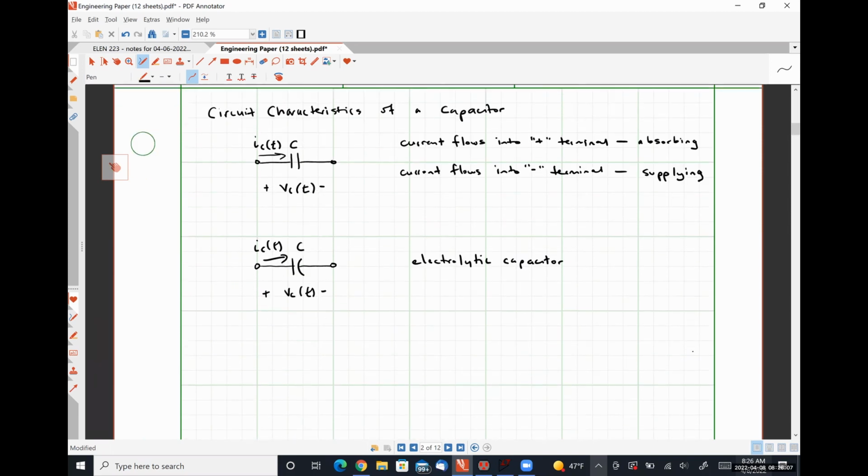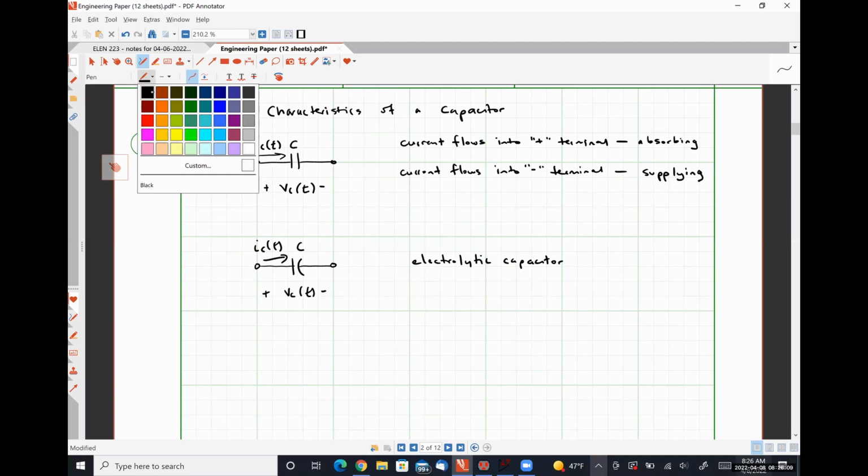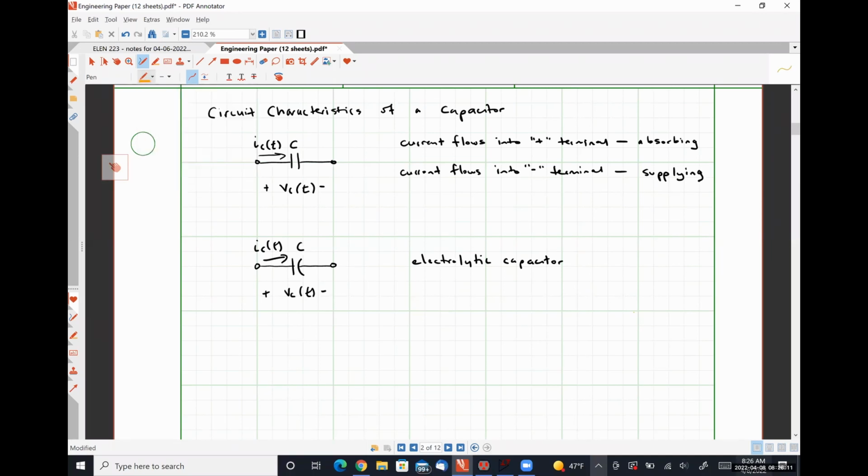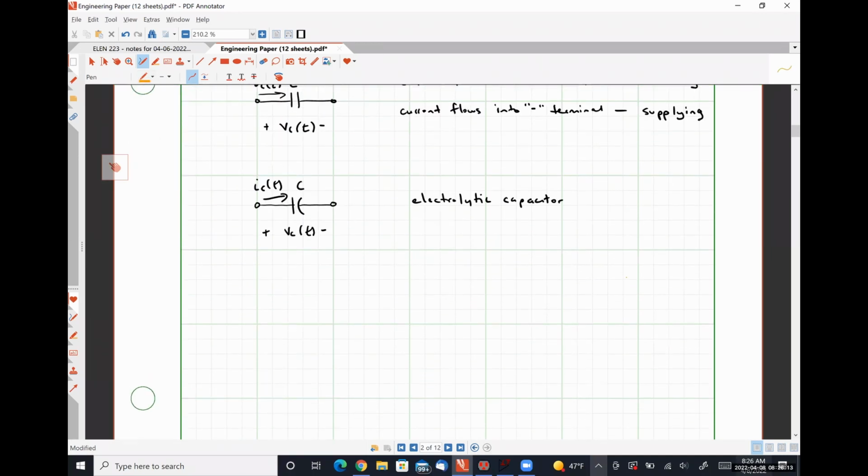Just as a very quick thing here, a non-electrolytic capacitor typically looks something like this. You have a circular package and then two leads coming out.